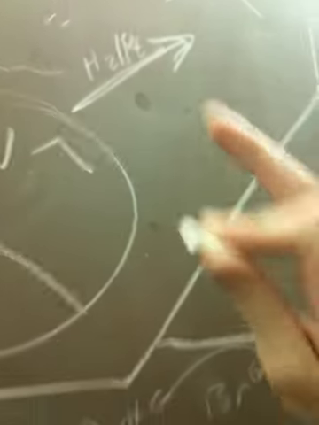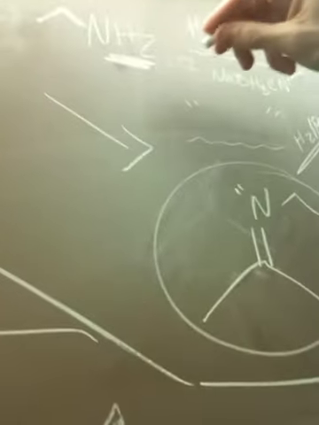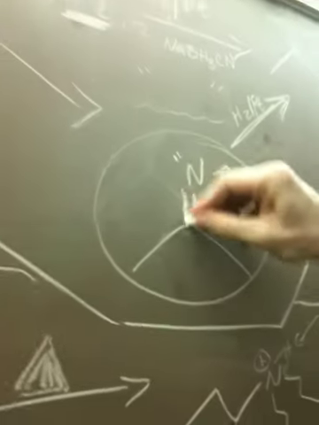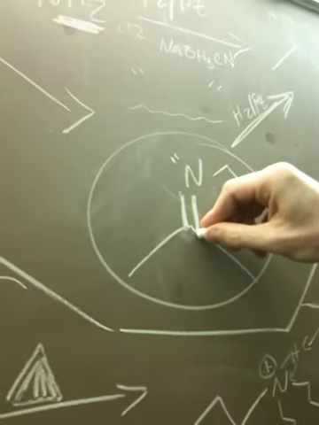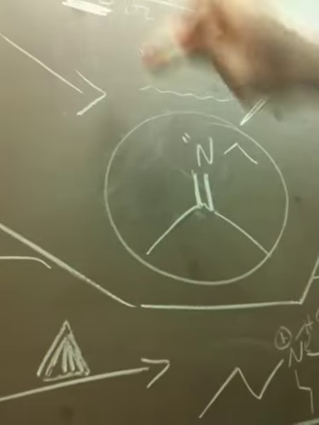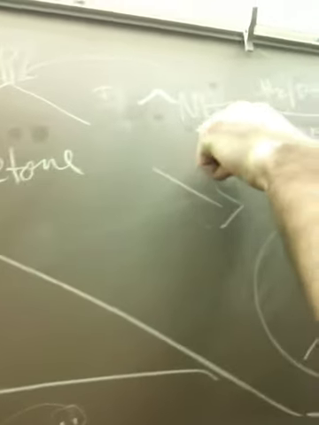Something I noticed, I'm just going to throw this out here. Whenever you got 2 H's, you're going to keep your double bond here. If you had 1, you're just going to have a single. But I don't think you can have an R group with an NH yet, right?